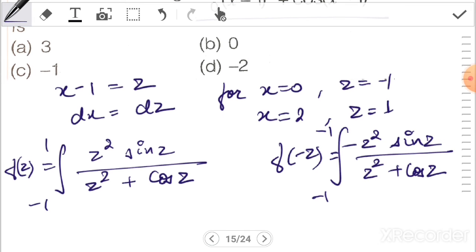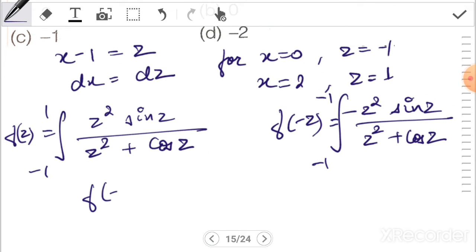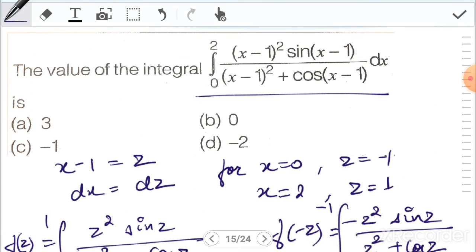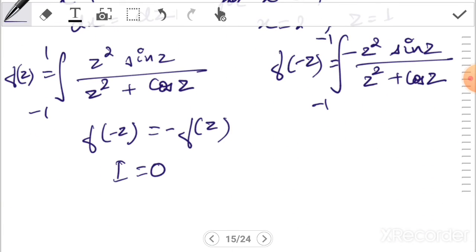So now we can write f of minus z is equal to minus of f of z. That means function is odd. Then integration is 0. Okay. So 0 is the right answer. Now let us go to the next problem.